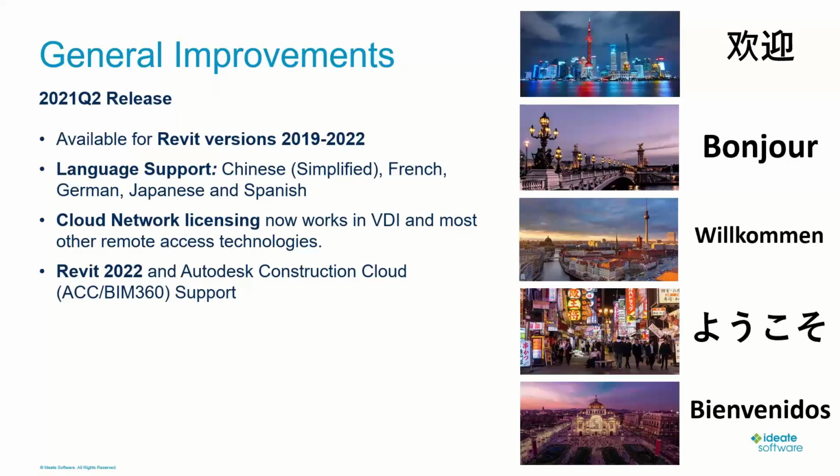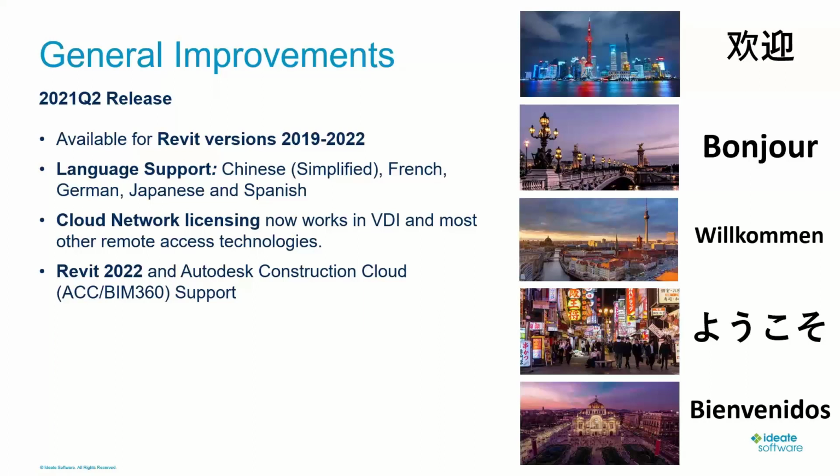Many times, you have to be connected to the VPN in order to grab those licenses. So we introduced this new cloud network where you do not have to have a server, and it's activated through a portal in the cloud, and it now works on most virtualized environments as well as other remote access technologies. So we're expanding on that.